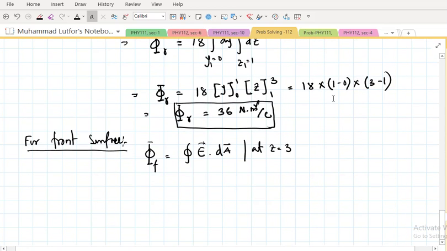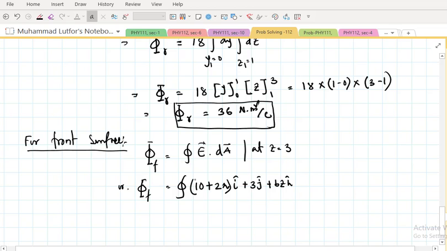Fine, then I can write this for the front surface. I'll find out the enclosed E, which is (10 + 2x) i hat + 3 j hat + bz k hat, into dA.